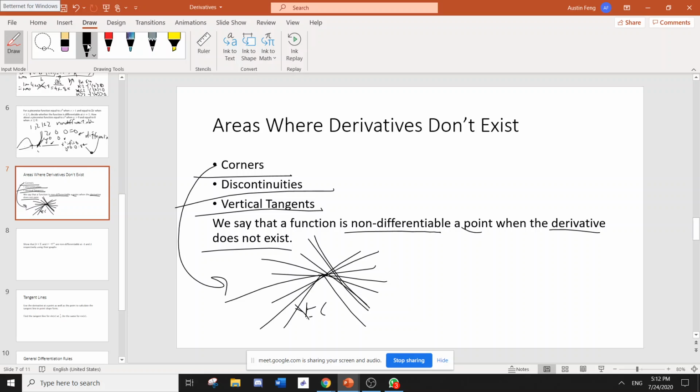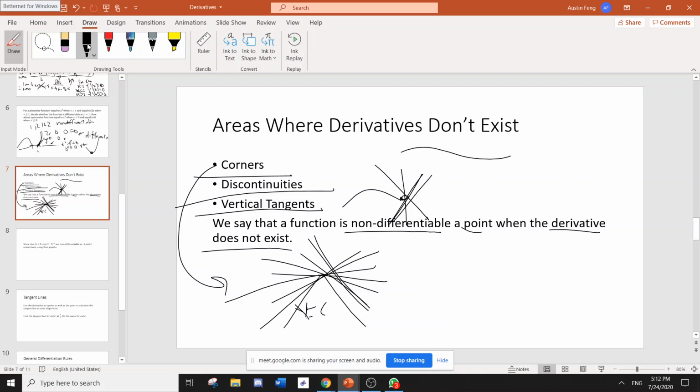Now let's say we have a discontinuity. Earlier we stated that if a function isn't continuous at a point, it can't be differentiable either. Another way of visualizing it: let's say it's non-removable and our point is over here, you can rotate your tangent, so there are infinite amounts of tangents, and that means the derivative doesn't exist.